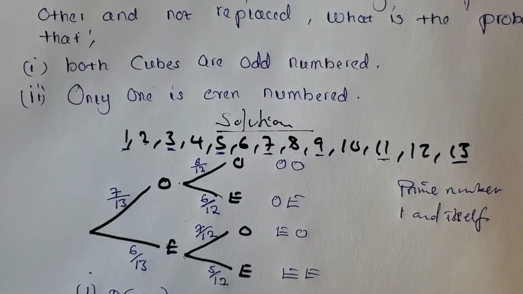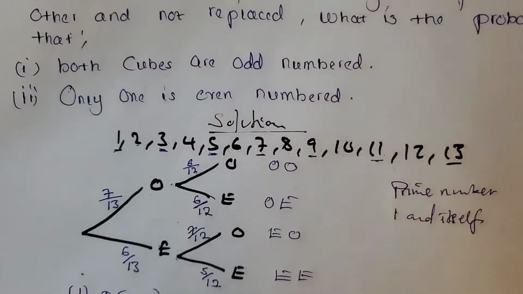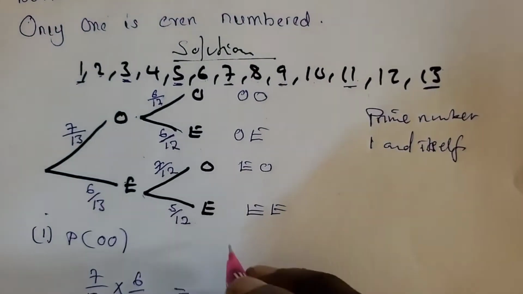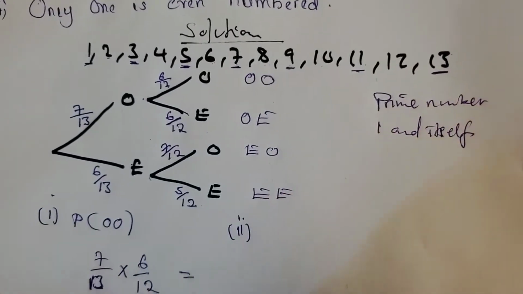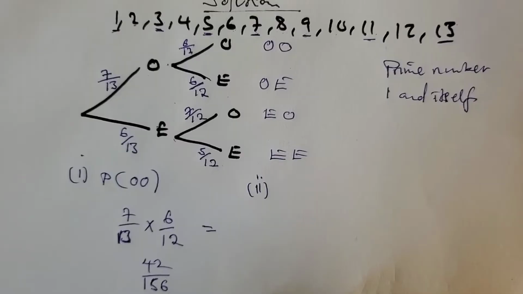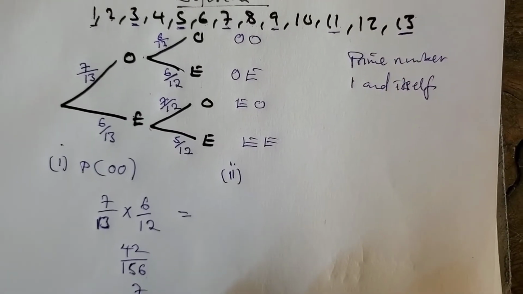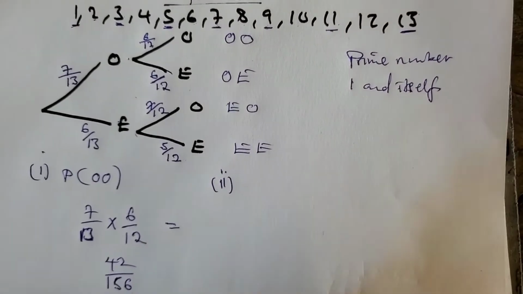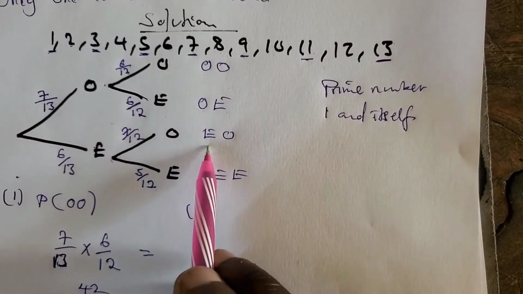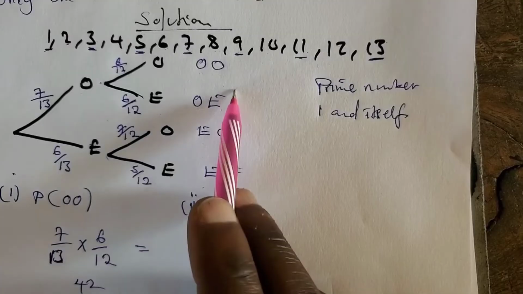The second question is saying calculate the probability that only 1 is even numbered. They're not saying that the first one is even numbered. It's just saying one of the two is even numbered. So the first one here is odd, even, odd, even. So we're going to get this one and this one.